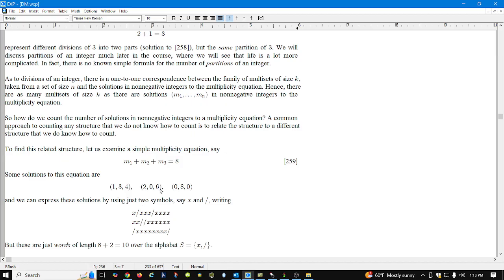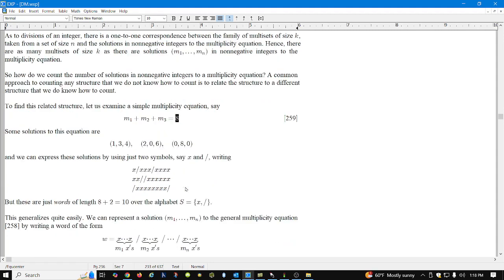And 206, 2 x's slash 6 x's. And similarly for 080. So the idea is there will be 8 x's, because this number k is 8, and we will separate them by slashes in order to represent the different multiplicities.